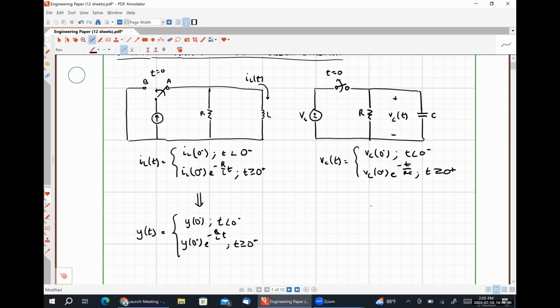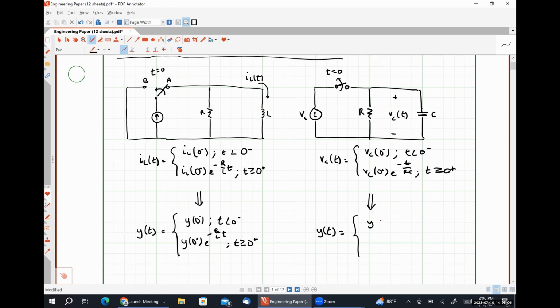Again, looking at the ramifications of this by applying Kirchhoff's current law, Kirchhoff's voltage law, and Ohm's law, we could generally say that y of t, where y is once again any current or voltage in a first order RC circuit, would have the following response: y at 0 minus for t less than 0 minus, and y of 0 plus e to the negative t divided by RC for t greater than or equal to 0 plus.